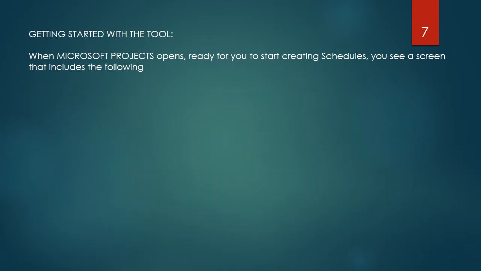Getting started with the tool: when Microsoft Project opens, ready for you to start creating schedules, you see a screen that includes the title bar. This contains the name of the currently opened file.